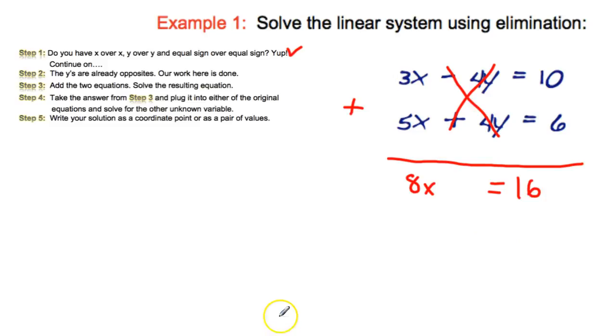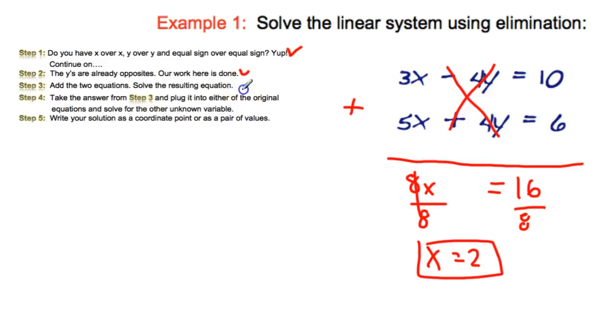It is. So now we need to solve this equation. Add two equations, solve the resulting equation. We need to solve for x. So I'm going to divide by 8, divide by 8. That cancels, and x equals 16 divided by 8 is 2.